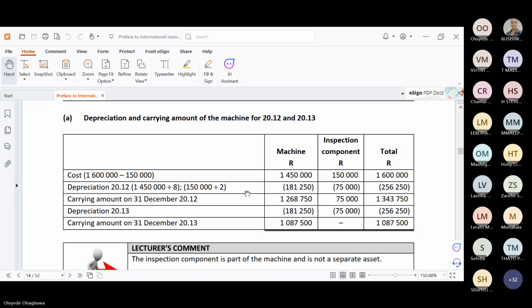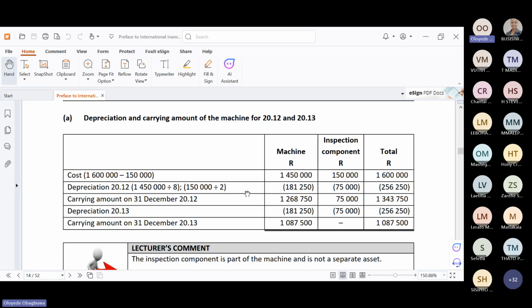That is the depreciation per year. So for 8 years, the asset will be 0. Now, for the inspection component, which is 150, we were told that the inspection will only last for 2 years. So the depreciation will be divided by 2, the useful life.